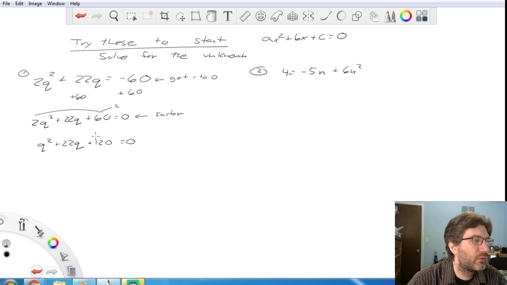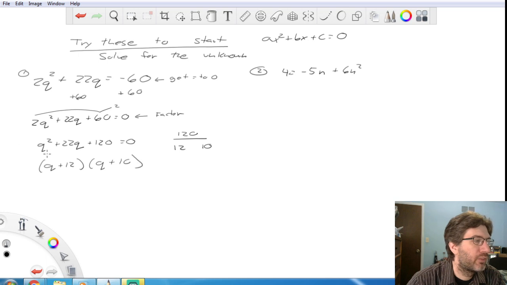So we need 2 factors of 120 that are going to add up to 22, and that's going to be 12 and 10. That's not hard to figure out. 12 and 10, 12 plus 10 equals 22, 12 times 10 equals 120. So our factored form is going to be q plus 12 and q plus 10.